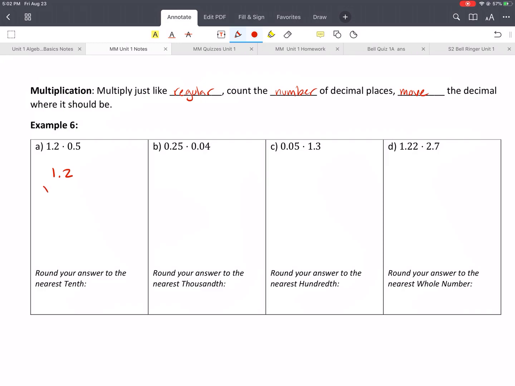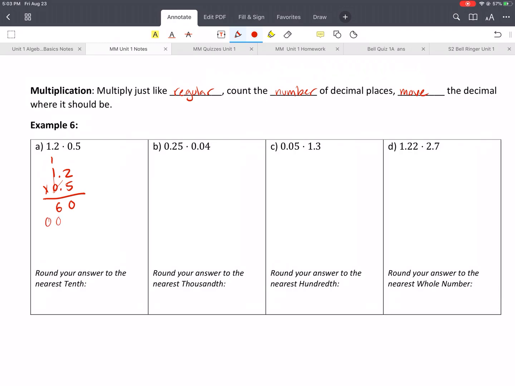1.2, we multiply that by 0.5, okay? So we do 5 times 2. That gives us 10. And then 5 times 1 gives us 5, plus what we carried gives us 6. Okay? And then 0, obviously we don't need to multiply those because that would just be 0 and 0. Okay?